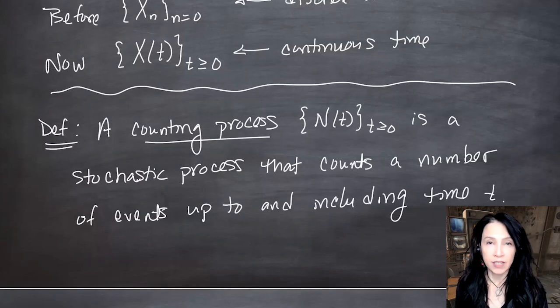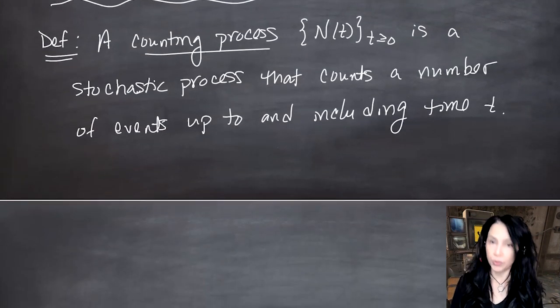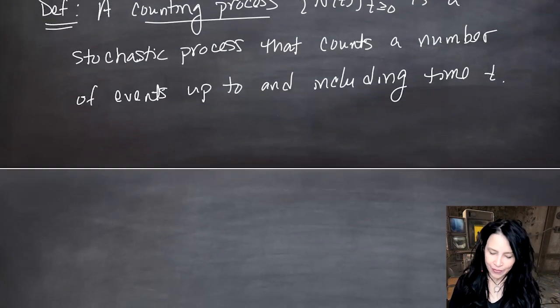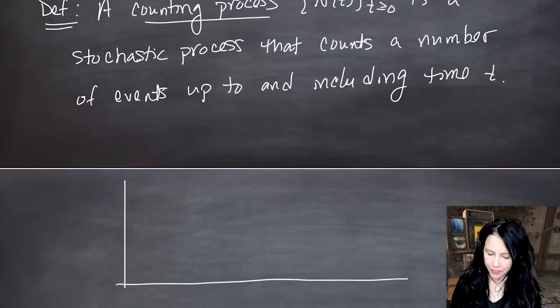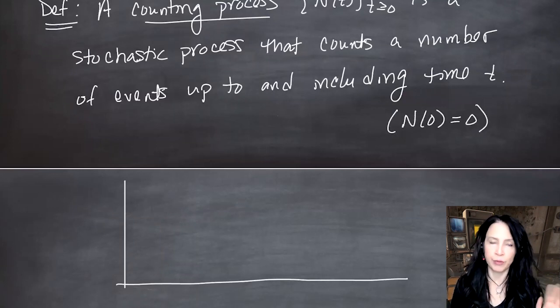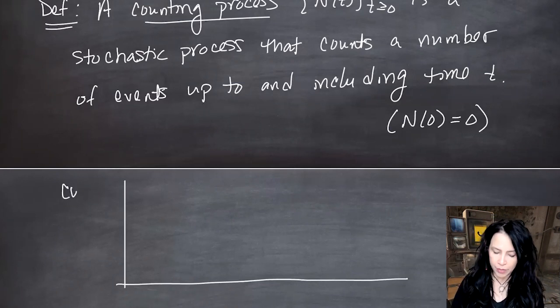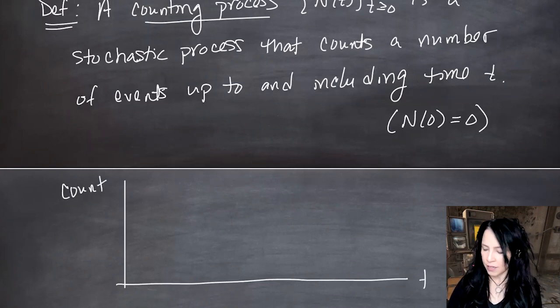So if the event is like arrivals of a person to a store, this is going to be some sort of process that we're going to usually, the convention is to start it at 0, although you can probably rewrite everything to start at a different value. But this is just going to be your count axis, and this is going to be time.